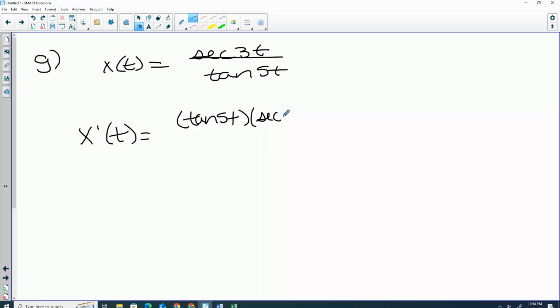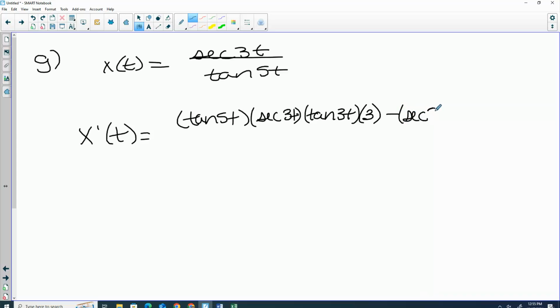Secant tangent. So the angle stays the same. Okay, so it's secant 3t, tangent 3t. But we have to do chain rule, so times the derivative of the inside, which is 3. Oh, right. I was writing my negative.